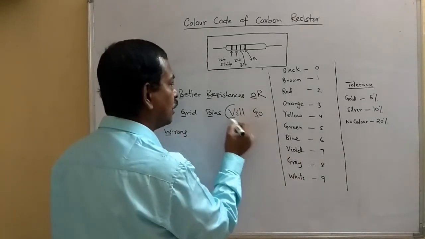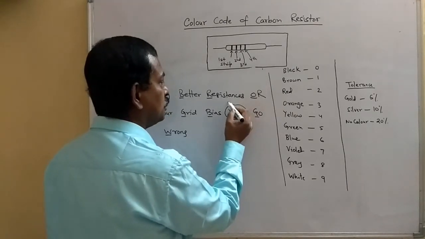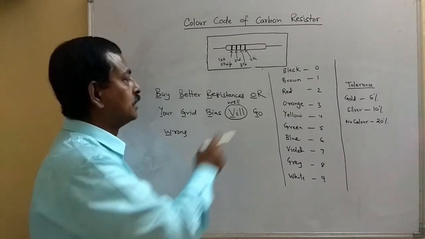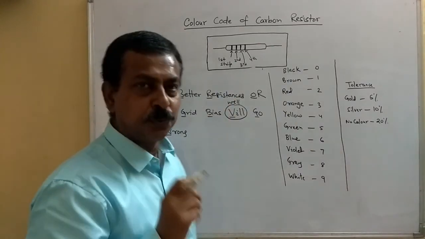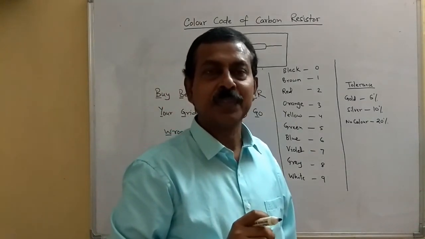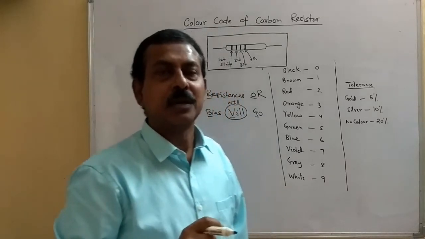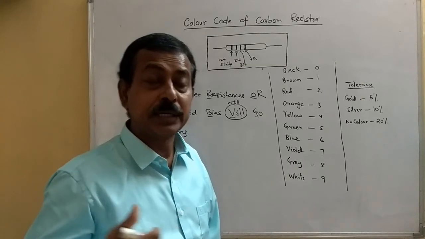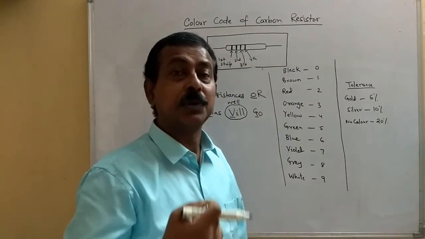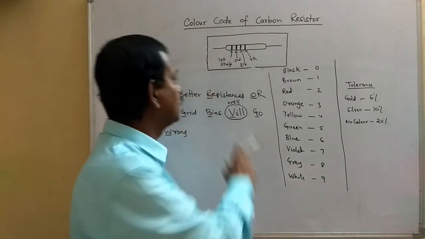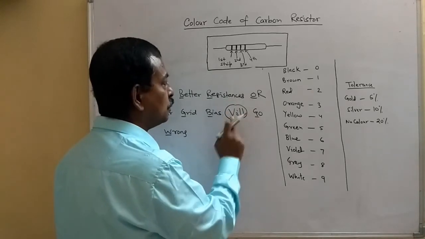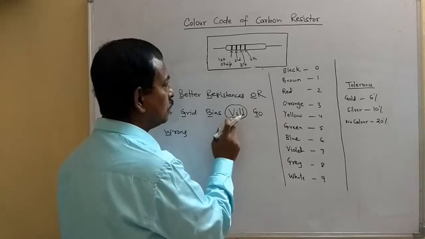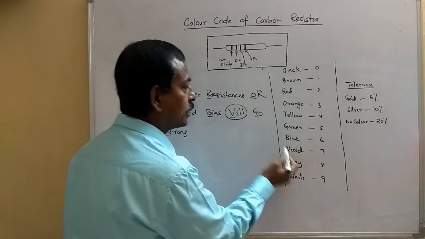Here for this one, if you take it as a statement, it should be W for will. But just take it that it is a spelling mistake, or we are writing in WhatsApp language. In that case, we have written that one as VIL, so that you can easily correlate it with the violet color.